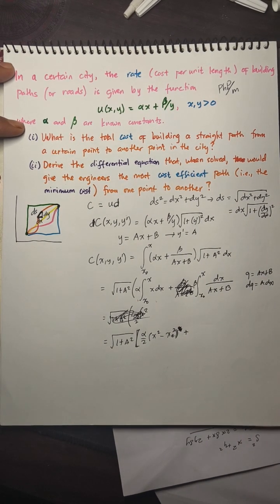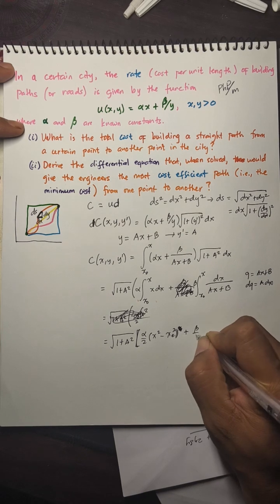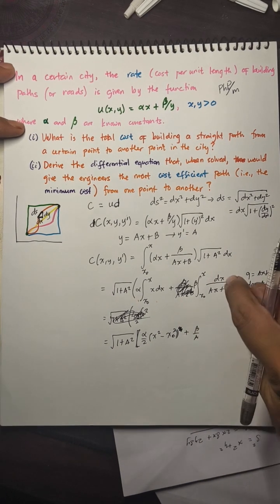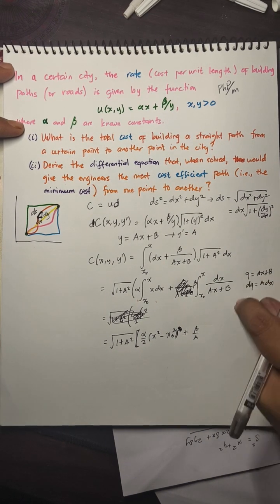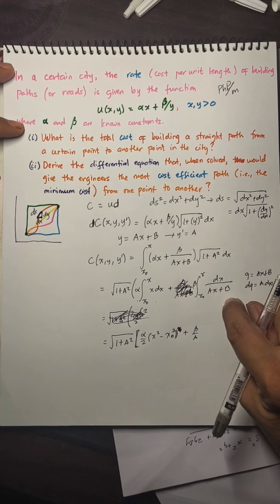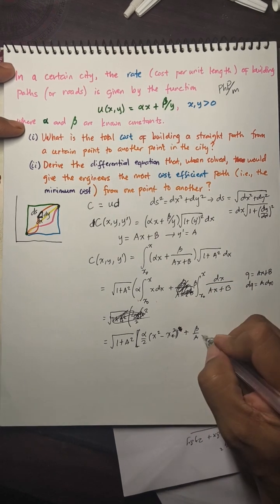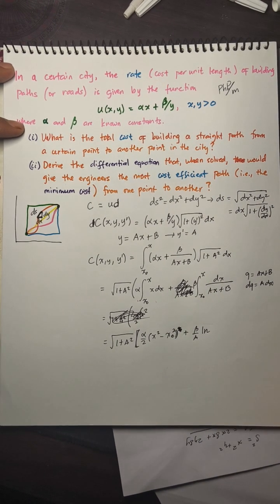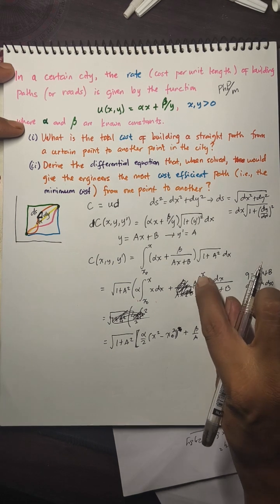Plus, we have beta over a. This becomes integral of dq over q, in which the integral would be ln of q. So ln of ax plus b evaluated from x naught to x.